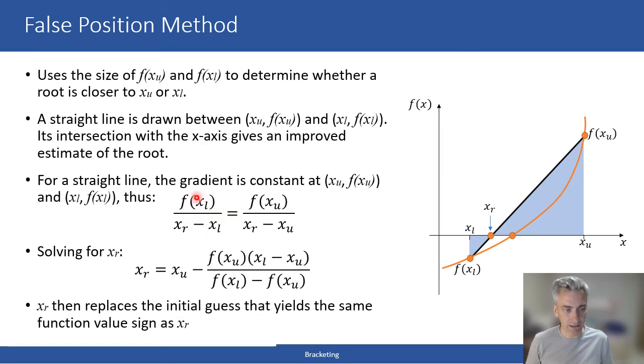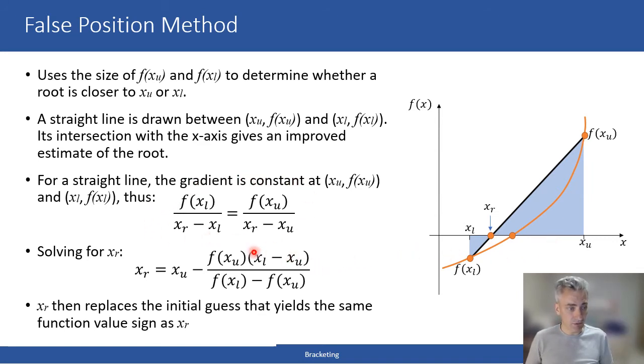So clearly a gradient is the difference in the y-axis divided by the difference in the x-axis. So that's what this part of the equation represents. And the gradient going from xr to xu is the difference in the y-axis, so f of xu, divided by the difference between xr and xu.